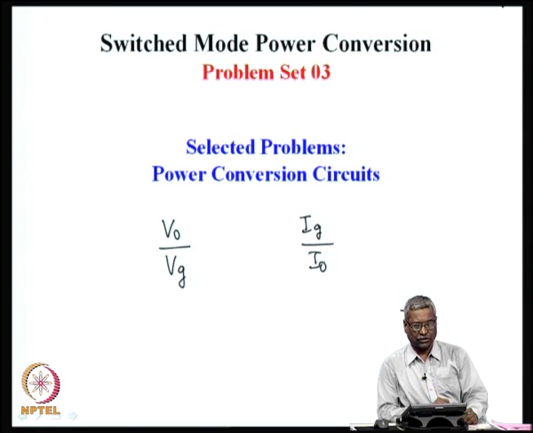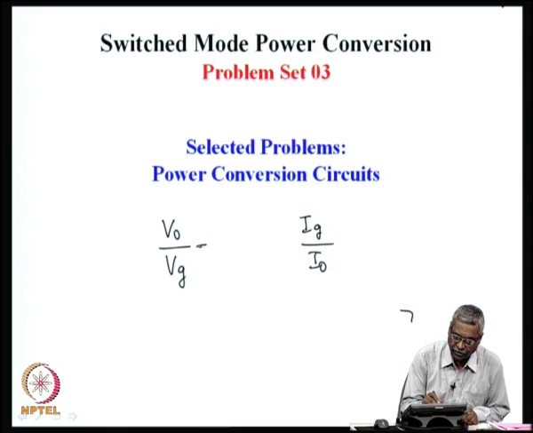We saw how these quantities can be evaluated based on idealized operating conditions, and we invoked the principle of volt second balance and charge balance on the electromagnetic energy storage elements, inductors, and electrostatic energy storage elements, capacitors. So, in this session today, we will practice how to apply these principles to find out the different conversion ratios of power converters.